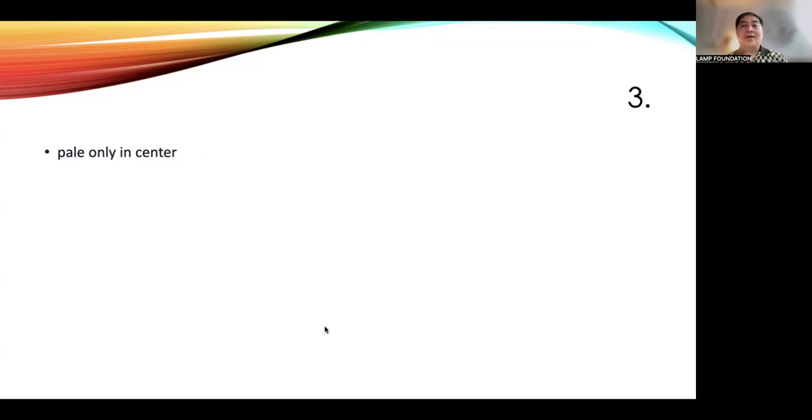Next, the tongue is pale only in the center. Remember, stomach chi deficiency. I'm sorry? Okay, ganito ha. Stomach chi deficiency. No, when you say stomach, you're referring to the coating. Dito, ang pale dito, yung tongue body, the color.